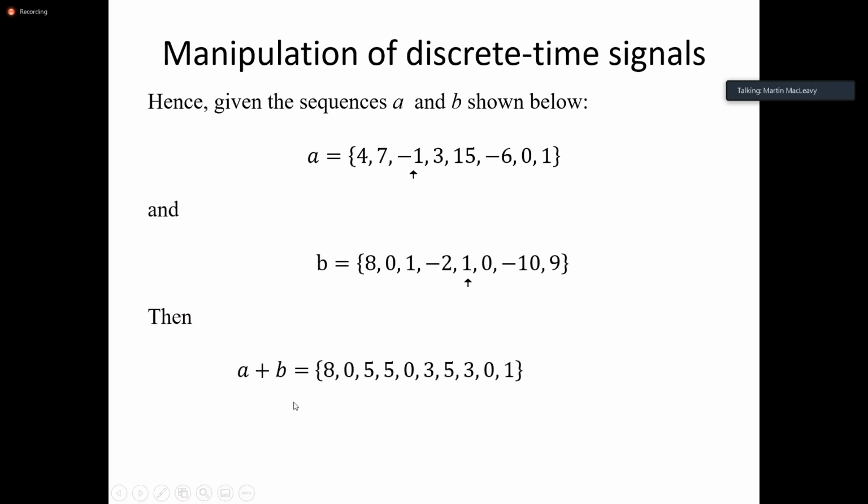Now, adding them is going to give us this sequence here. And you may look and say, but hold on, the first two values here are 4 for A and 8 for B. Well, we must take into account which is our 0th value.